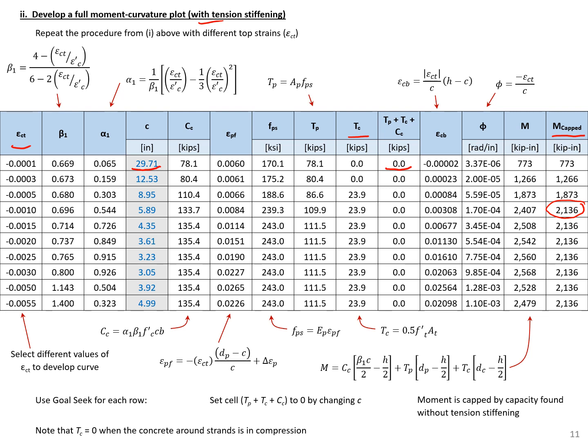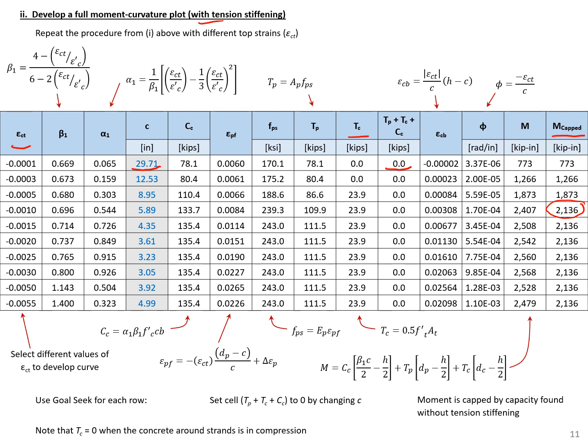If you look back a couple slides ago, the maximum capacity of our section without tension stiffening is 2,136 kip inches. So this is the upper limit that we need to include in our tension stiffening plot. You can see I lay out the different equations I use in all the columns, so you should be able to set up a similar spreadsheet on your own.